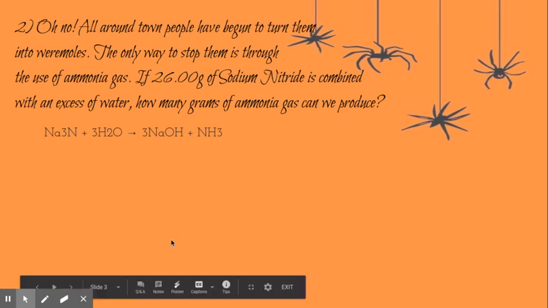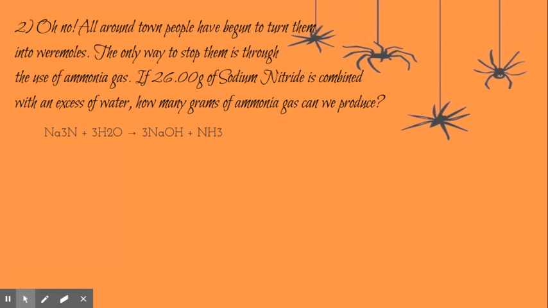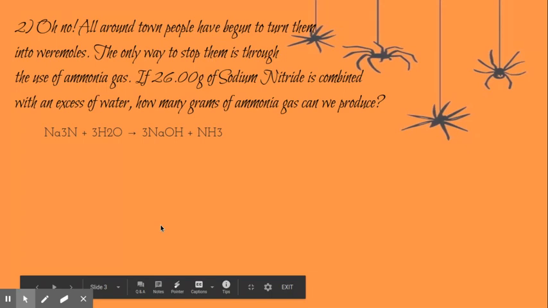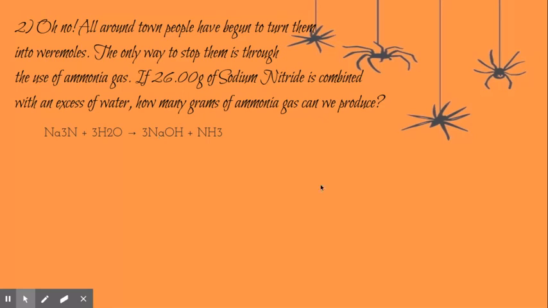So I actually already have it up here, but the first step I would do is to write your balanced equation, because we need to be able to figure out the number of moles we have of each substance in order to convert. So now that we have that, start with the 26 grams of sodium nitrate, and then we can look for the molar mass off the periodic table and convert it to moles.